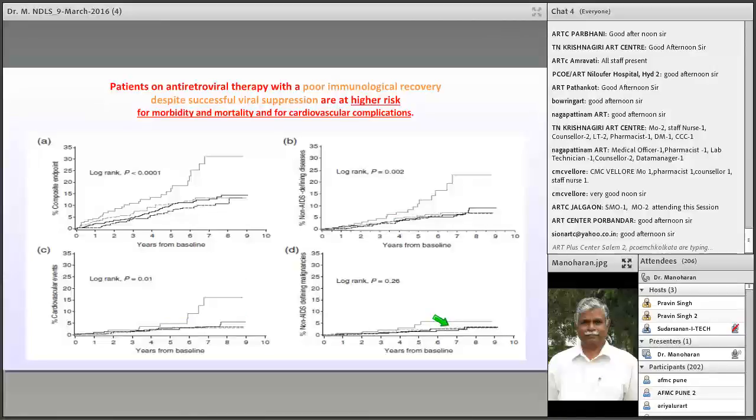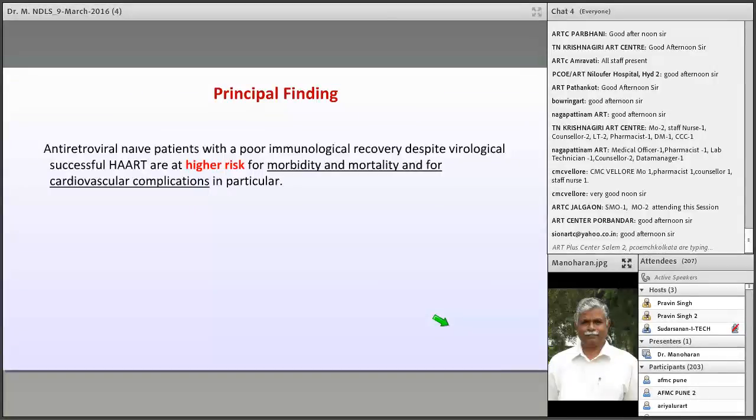So this study clearly says that antiretroviral naive patients on ART with poor immunological recovery, despite being virologically successful, are at higher risk for morbidity, mortality and cardiovascular events.